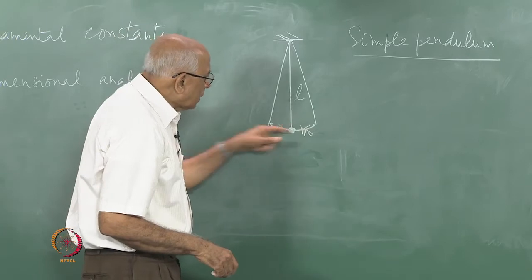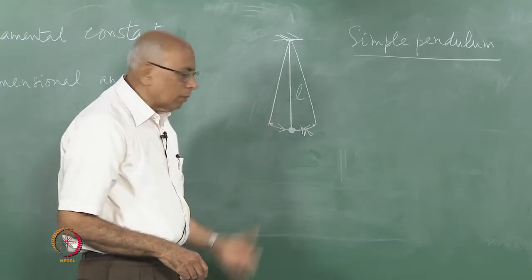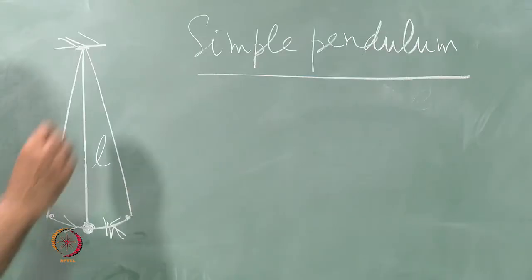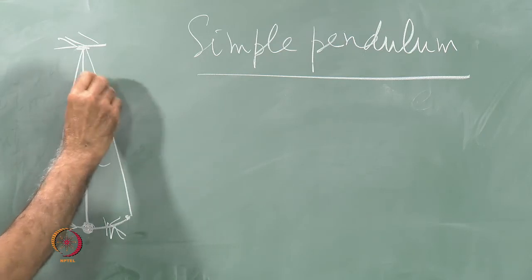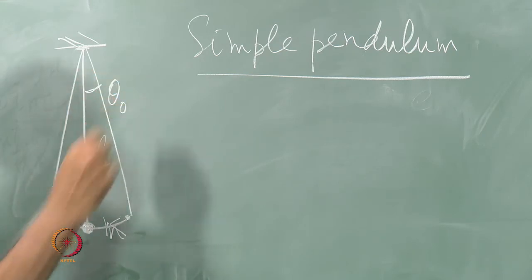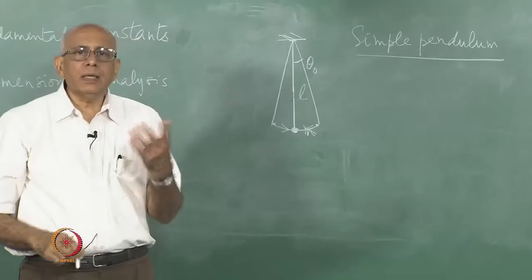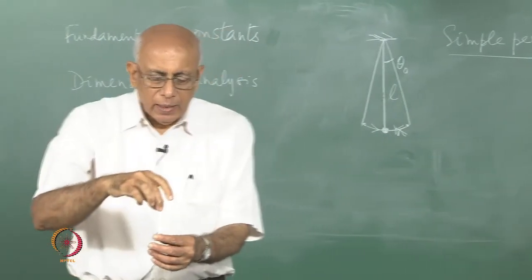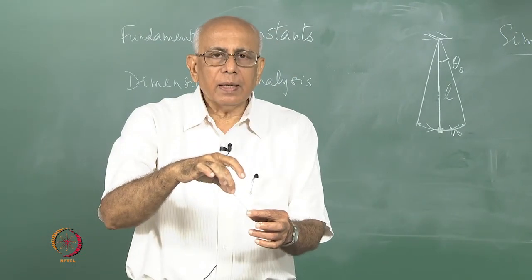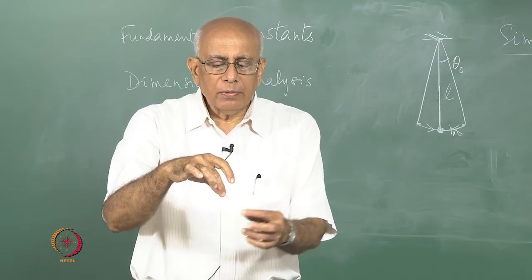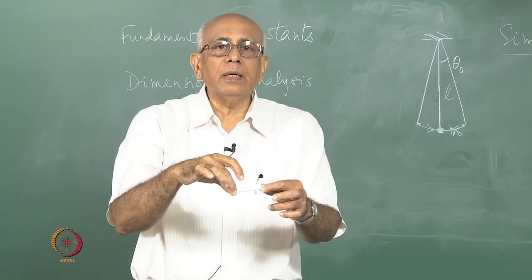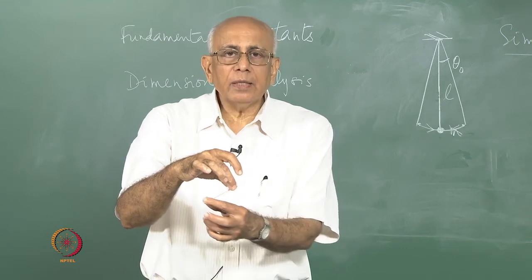We are supposed to set it oscillating with some amplitude, and let us call this angular amplitude theta, and I will put a naught here to show that it is a constant under the given conditions, namely I start it off at some angle theta naught and let go, and by the conservation of energy this angle can never increase beyond theta naught, it stays with theta naught.